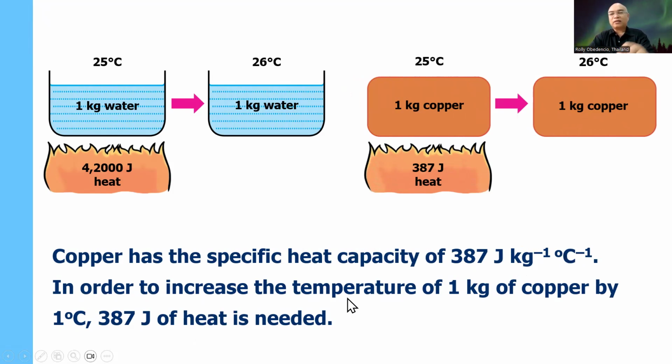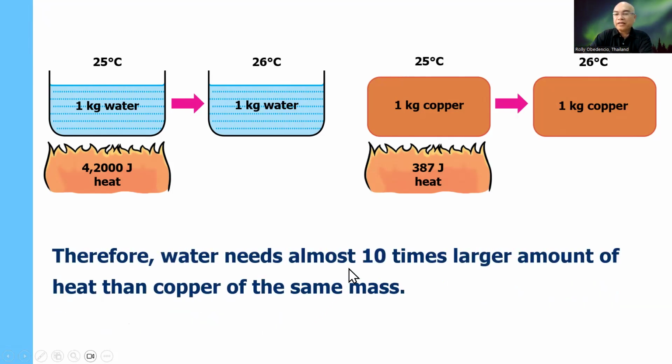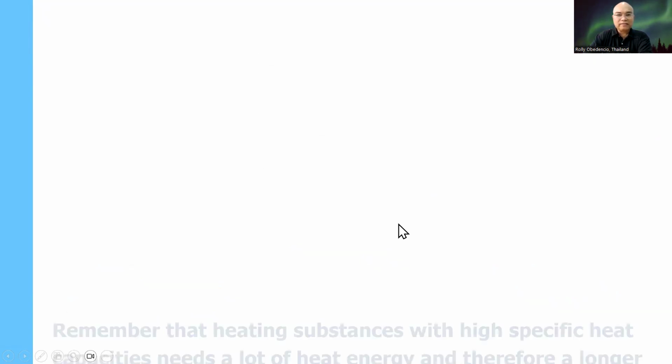In order to increase the temperature of 1 kilogram of copper by 1 degree centigrade, you need 387 joules of heat. Therefore, water needs almost 10 times larger amount of heat than copper of the same mass. The same mass, 1 kilogram of water, 1 kilogram of copper, but they need different heat, or joules of heat.